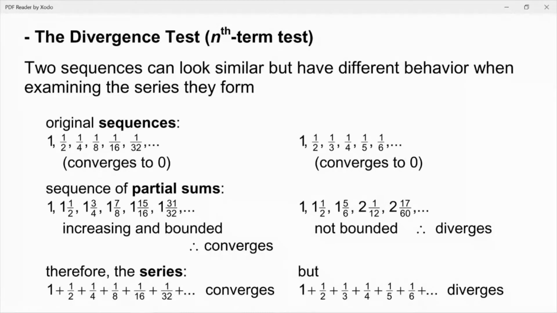Because if the sequence of terms doesn't approach zero, as I'm adding those terms together, if I get to the end of my series and I'm still adding more and more value, like let's say my terms converge to a value of 1, then at the end of my series, it's essentially going to say plus 1, plus 1, plus 1, plus 1. And so that sum of my series is going to keep increasing forever. So what I need is for my terms to be approaching 0 in order for me to know that it's even possible for the series to converge.